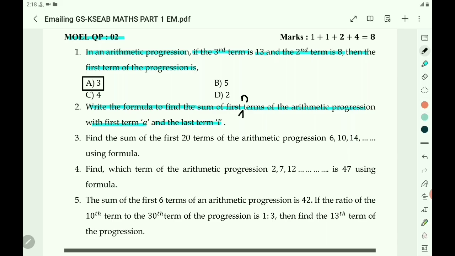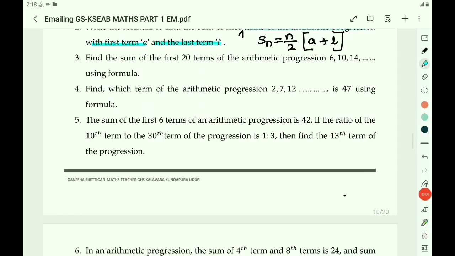Formula to find the sum of first n terms of AP with first term A and last term L is Sn is equals to n by 2 into A plus L. A is the first term, L is the last term, and n is the number of terms.